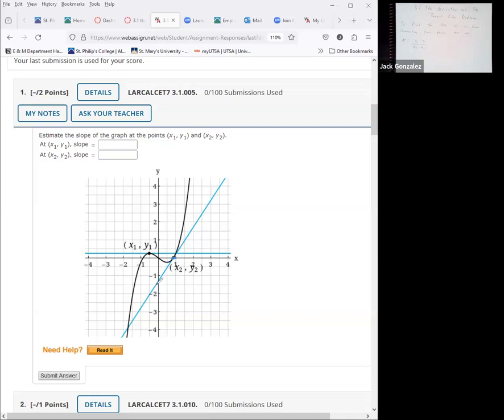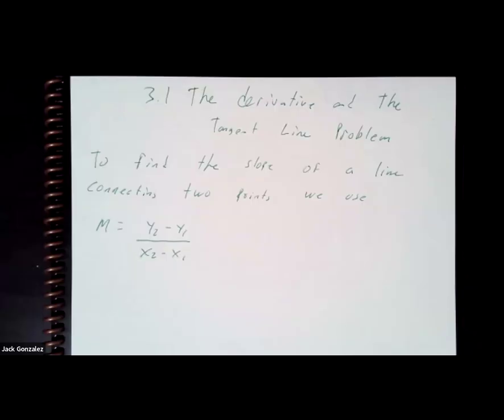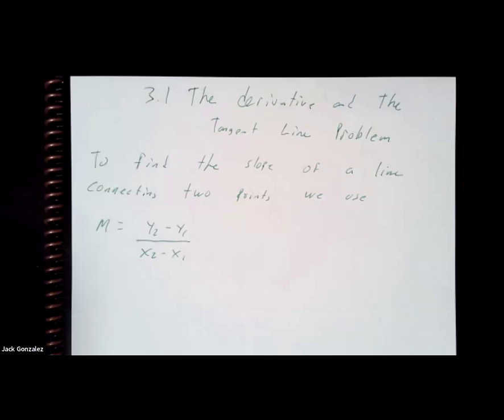But using limits, you can find out exactly what it is, which is what the derivative does for you. You find the derivative of a function, plug in a point, and you'll get the exact slope. Does that make sense? The idea?